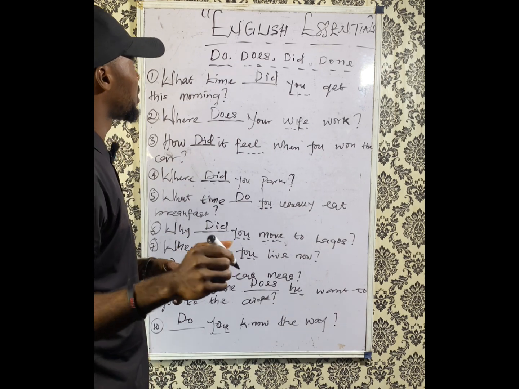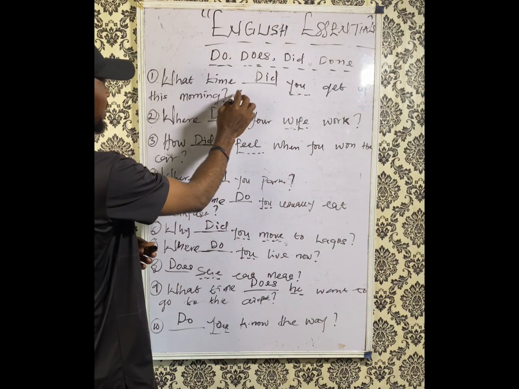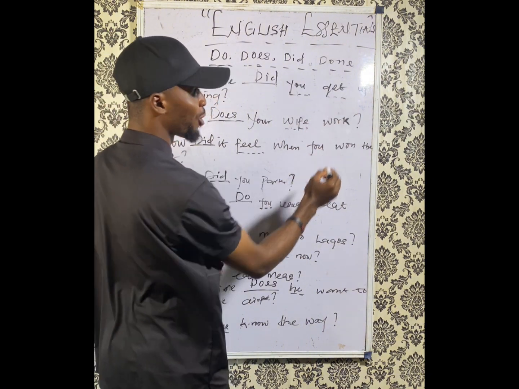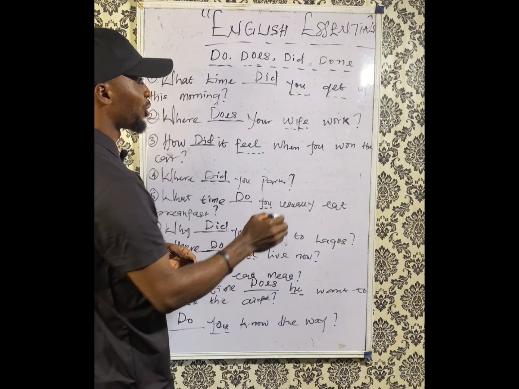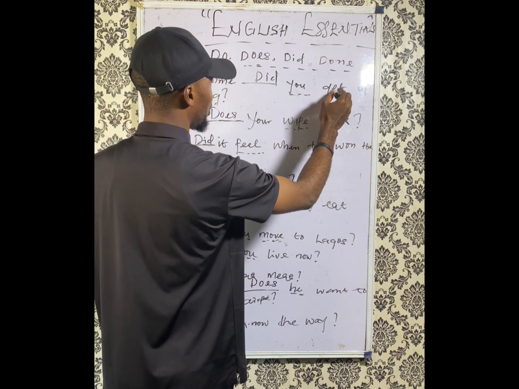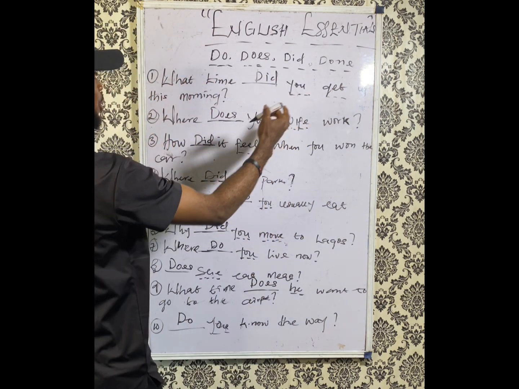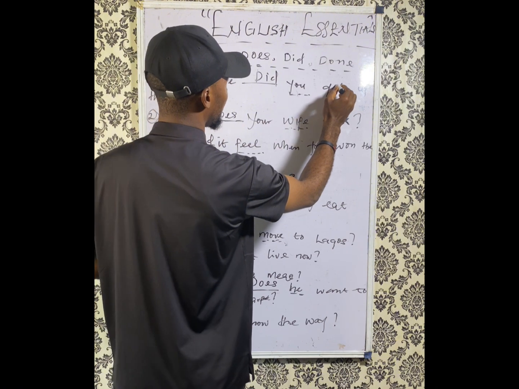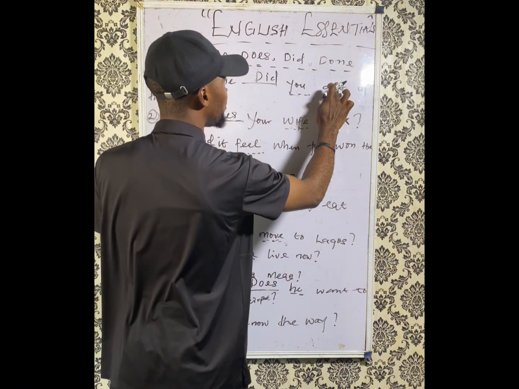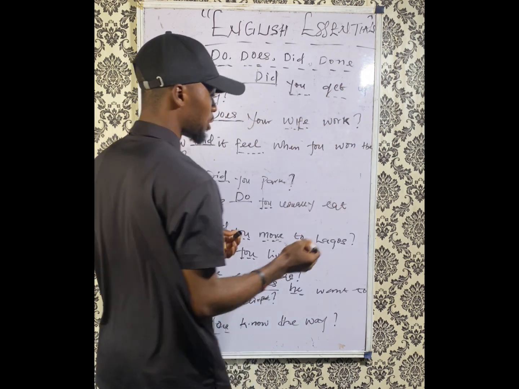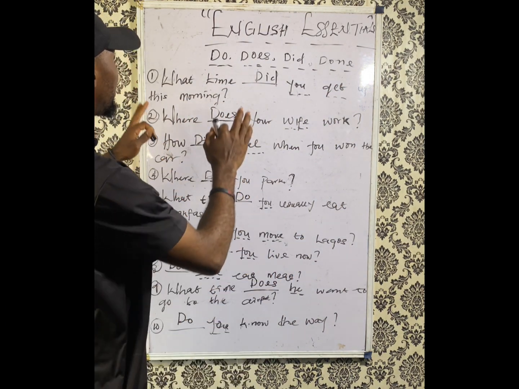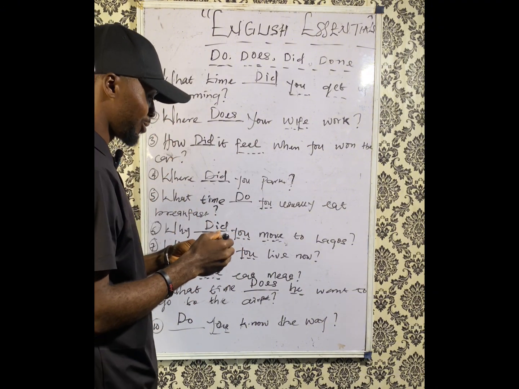Another principle says, if did is used, the verb that will come after it, like get, always make sure is not changed to the past form. Don't come to this scenario and start putting got. What time did you got up? No, it will always be what time did you get up. So this is the rule that applies to every verb like this in the English language.